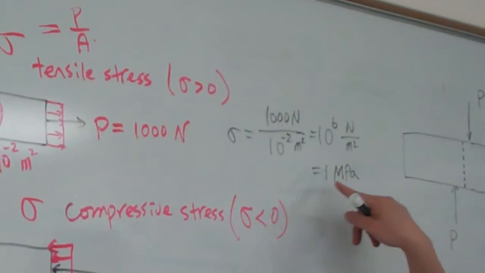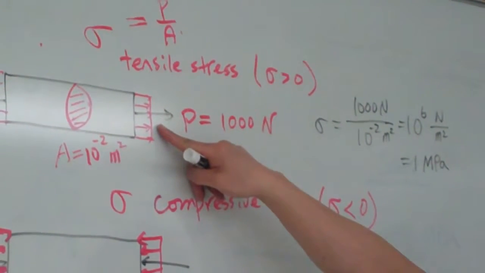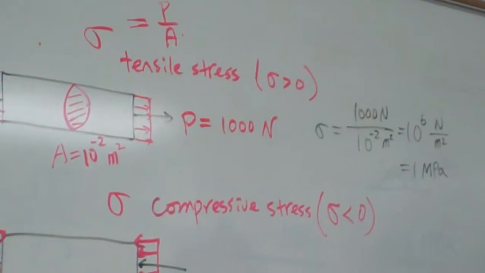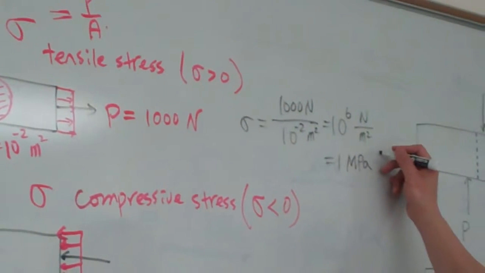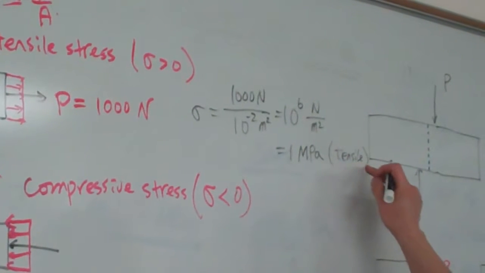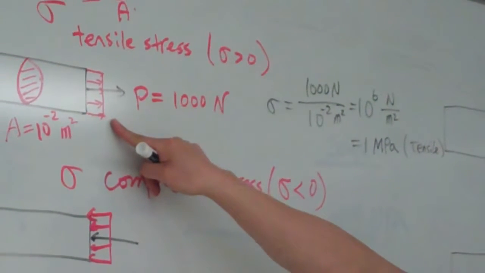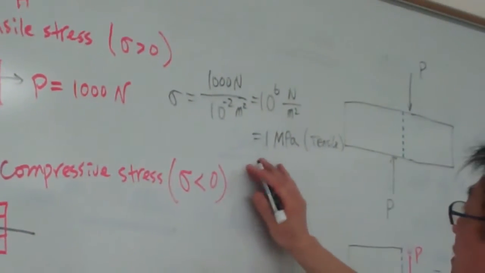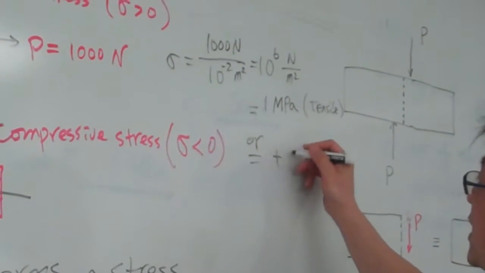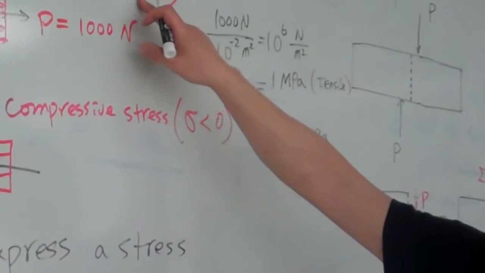This is our calculation of the magnitude, and this is our physical application. By observation, this is tensile. So in your expression, you can say this is tensile, and you simply add that by your observation of the problem you are dealing with. Or sometimes you can say it's positive 1 MPa. Using positive is to cope with our sign convention.